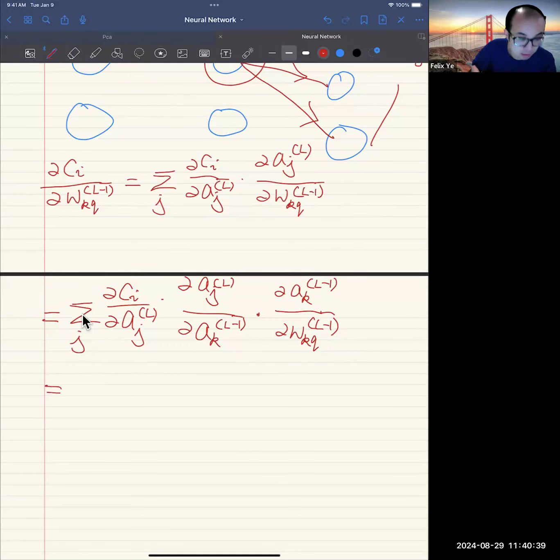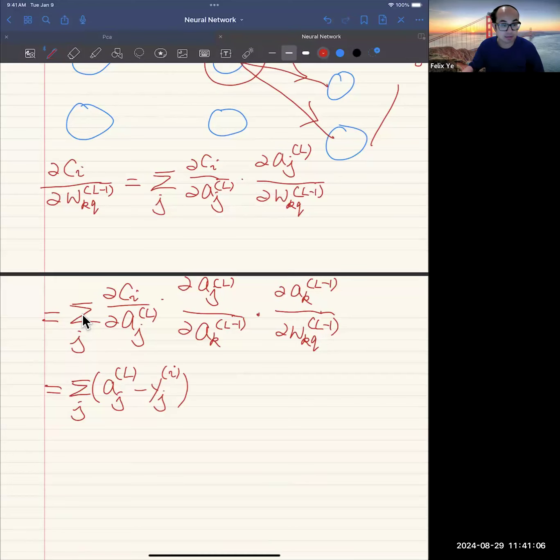So the first term right here is A_J^L minus Y_JI, which is just from the loss function. For the next term, we use the same trick that we already did.